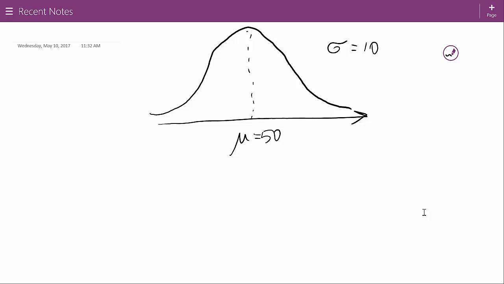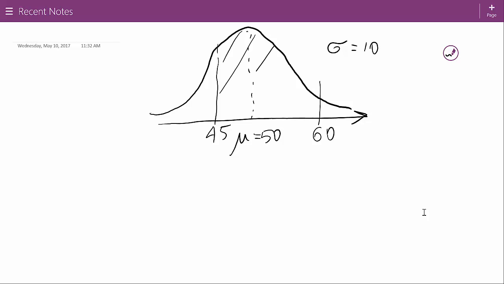So my question is, what's the likelihood that a single randomly selected machine will take anywhere between 45 to 60 minutes to assemble? So let's say 45 is right here somewhere. That's my 45. And 60 is somewhere over here. That is my 60. So the probability graphically is going to be an area under this curve within the boundaries.